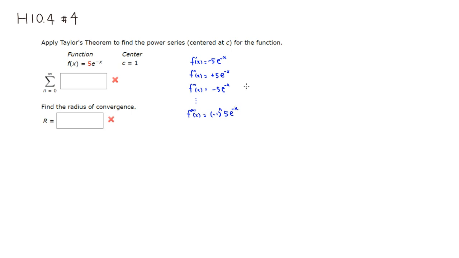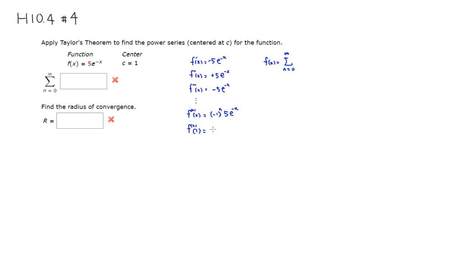So if you want to find the power series, it's a summation that goes from 0 to infinity. We need to find the nth derivative of f and plug in the center, in this case 1.